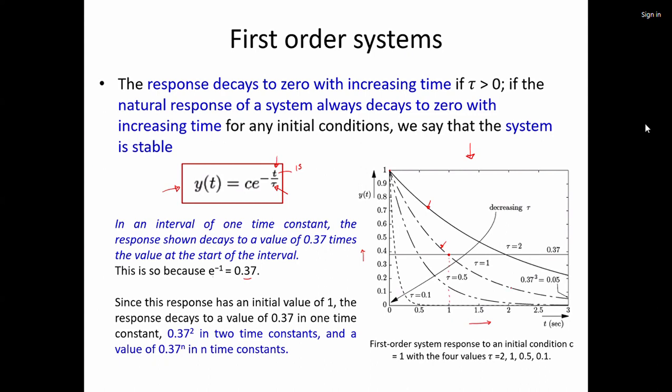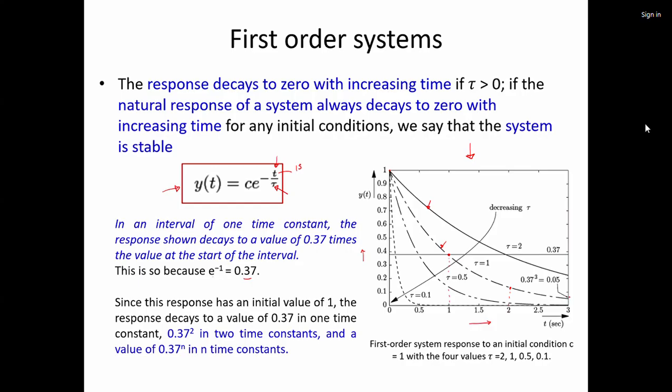Now if you go to 2 seconds, it will reduce to e to the power minus 2, that is around 0.13 or something around that. That is basically 0.37 squared. And if you go to 3, it will be 0.37 cubed and so on.